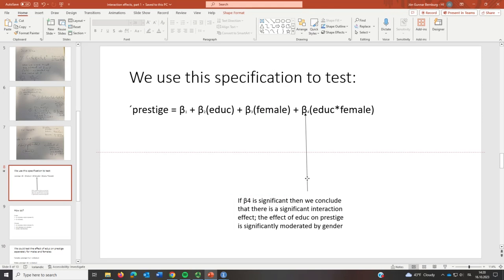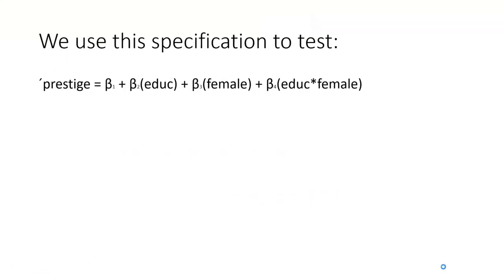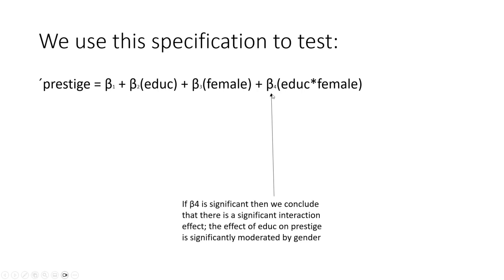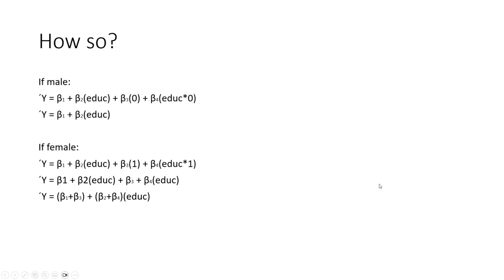What we're going to be seeing here is that if beta 4, the coefficient for the multiplicative interaction term, is significant, then we can conclude that there is a significant interaction effect, that the effect of educ on prestige is significantly moderated by gender. How so?